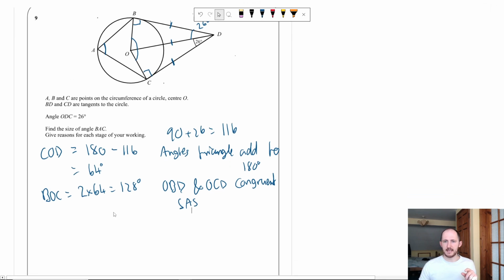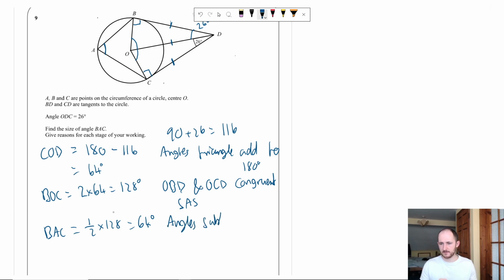Now, BAC is just going to equal half of that, because angles subtended at the centre are twice that at the circumference. Which is back to 64 degrees again. Angles subtended at the circumference are half that at the centre.